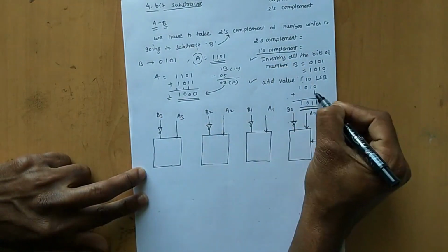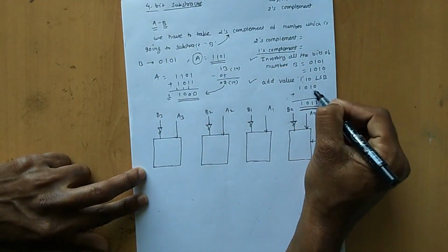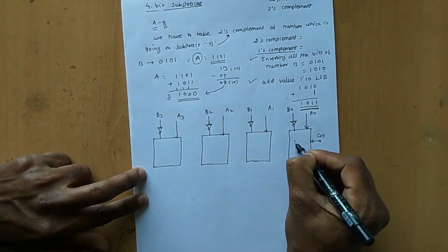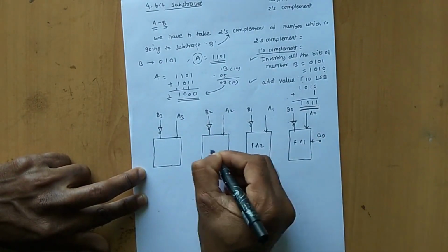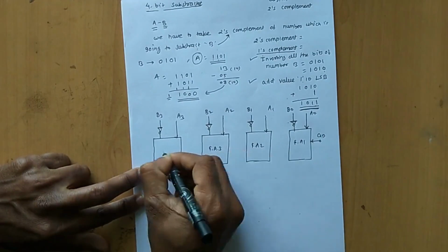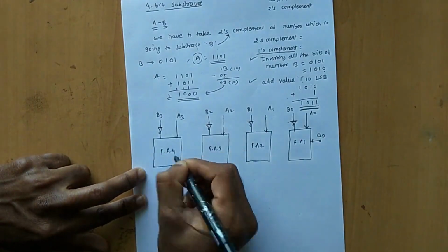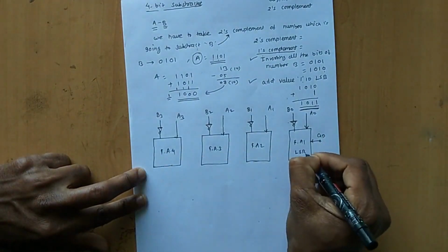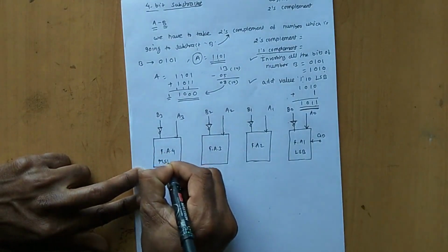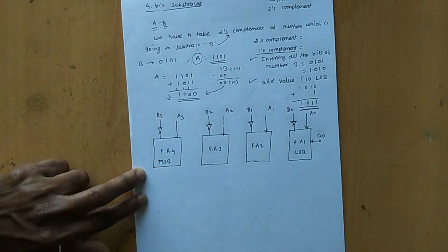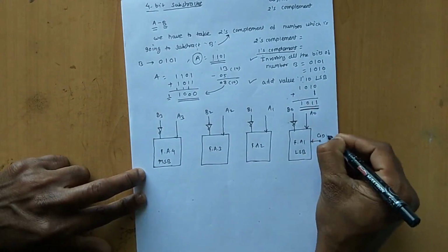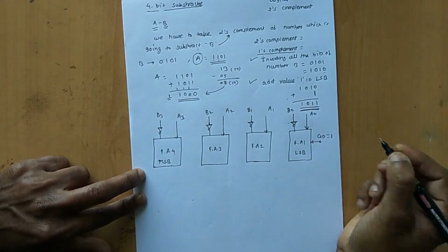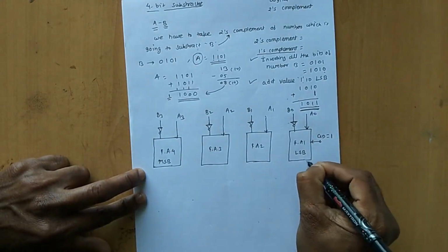Then we have to add 1 into the LSB, that is the least significant bit. This is full adder 1, full adder 2, full adder 3 and full adder 4, and this is called the LSB full adder and this is called the MSB full adder. So we have to add 1 into the LSB, so C in becomes 1. And what are the outputs?